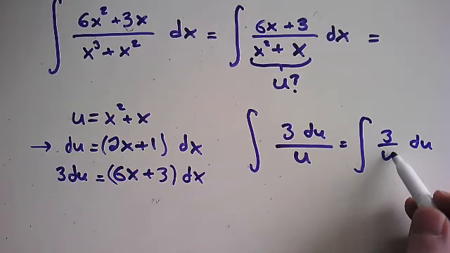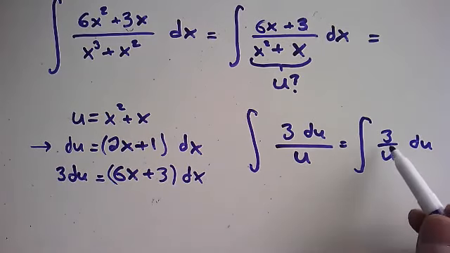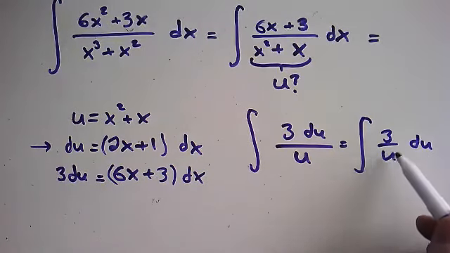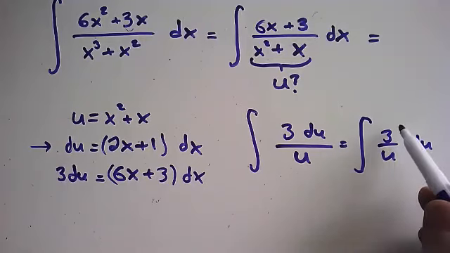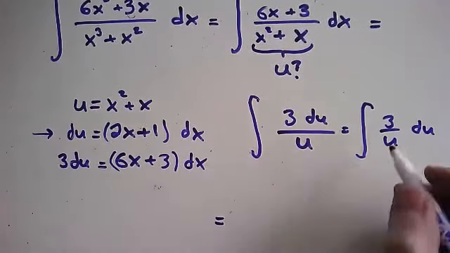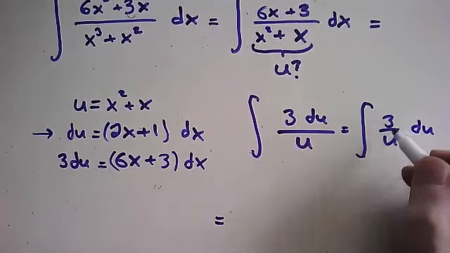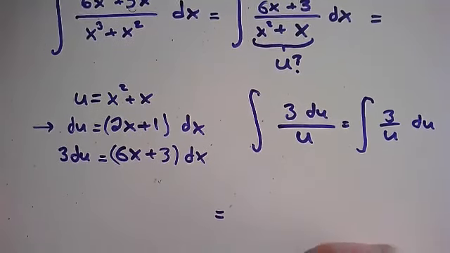Remember that the derivative of 1 over u, that'd be u to the negative first power, the derivative would be u to the negative second power. But the antiderivative of 1 over u is natural log. And another important detail here, when we take an antiderivative involving natural logs, we know that we can't take natural log of 0 or of a negative number.